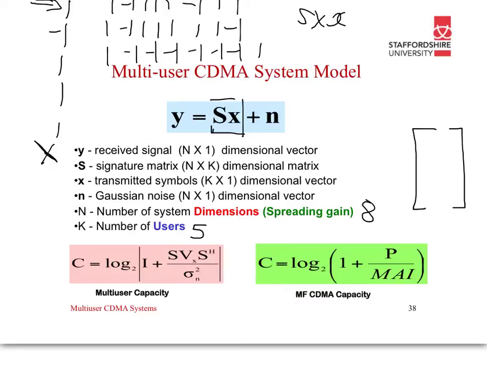Our S times X is a square matrix. Then we might not use all of them.